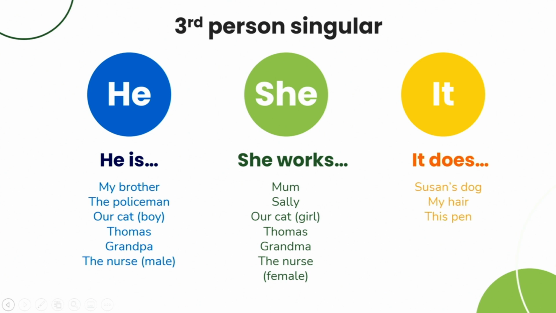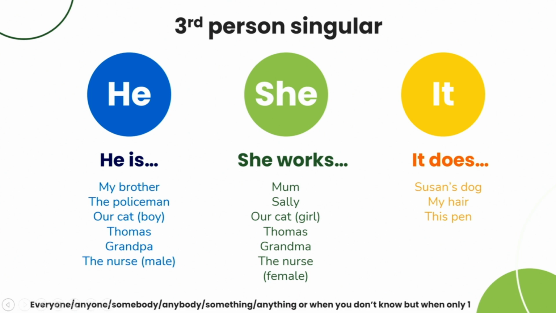And it. So it we use for things or other objects. Susan's dog. We don't know if it's a boy or a girl. My hair. This pen. These are things we'd use. Any of those would count as third person singular, where we can swap the pronouns he, she, or it to replace them. There's also other words where we're using to mean only one.